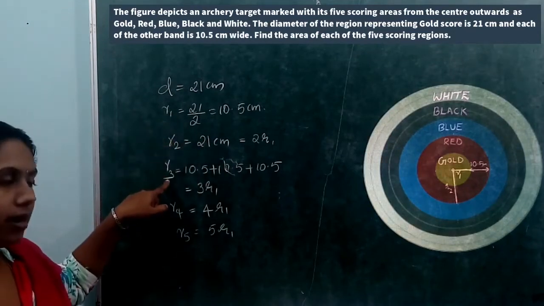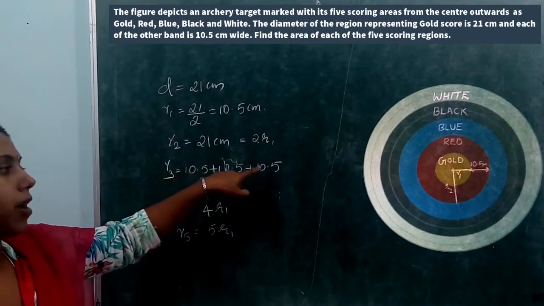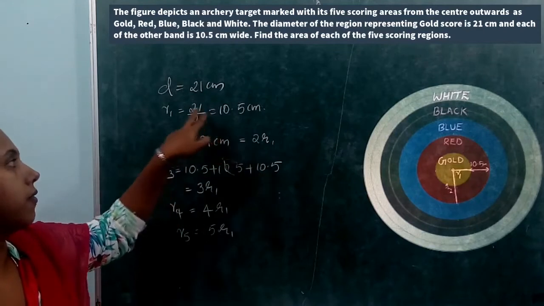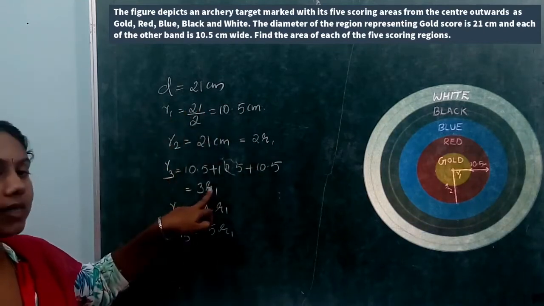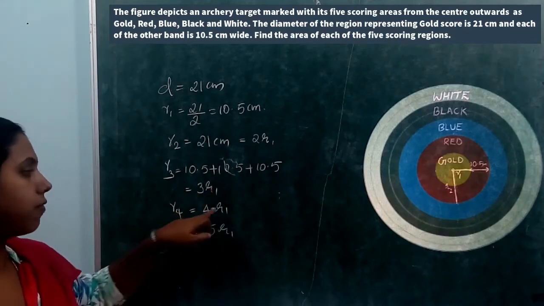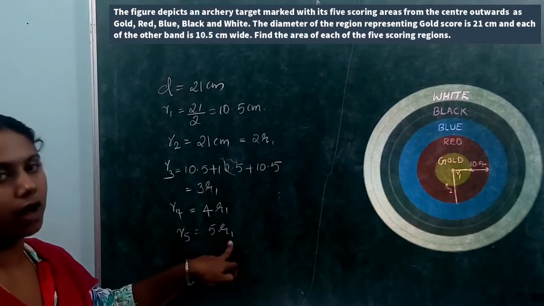And R3 is equal to 10.5 plus 10.5 plus 10.5, that means 3 times the first radius. We can take R3 as 3 R1. Then similarly R4 is equal to 4 R1 and R5 is equal to 5 R1.